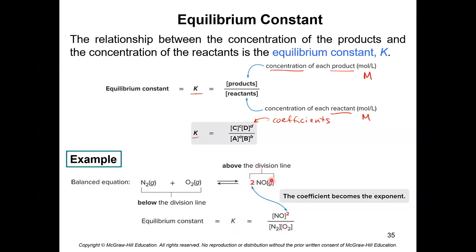So I can look at my products and I write an NO concentration. That's why I'm using the brackets. Those brackets mean concentration. And then my superscript is going to be the coefficient in my reaction. So I'm done with products. Then I do that over reactants. I can put the concentration of each one. That's why the square brackets are there. And that is the expression for your equilibrium constant.